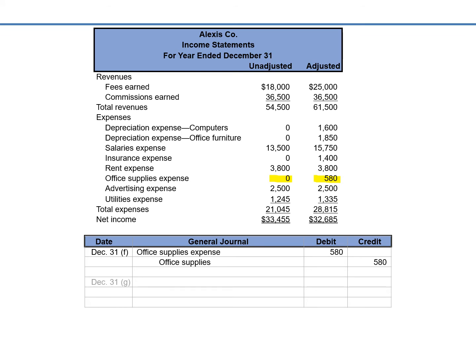Our advertising expense did not change. Our utilities expense did, from $1,245 to $1,335. To increase utilities expense, we debit. The difference between the two numbers is $90, and then we have utilities payable, credit for $90. Okay?